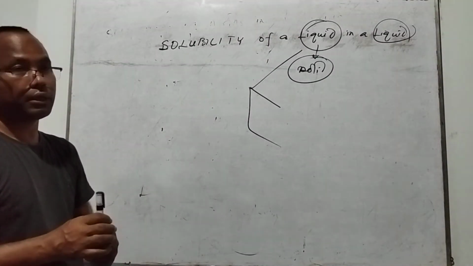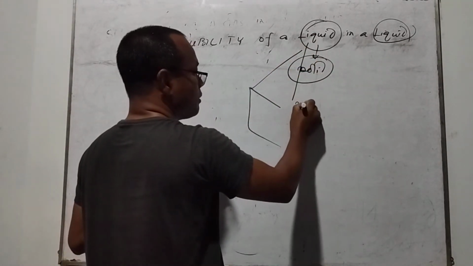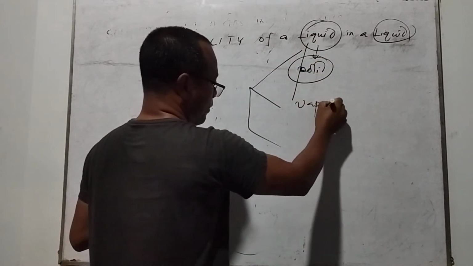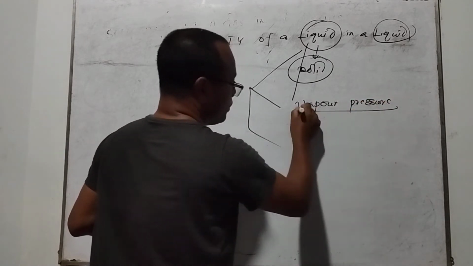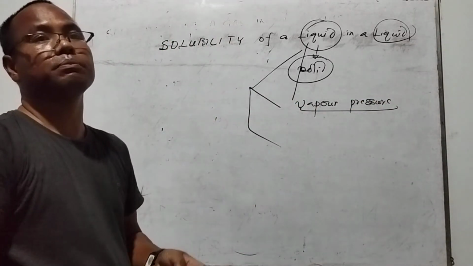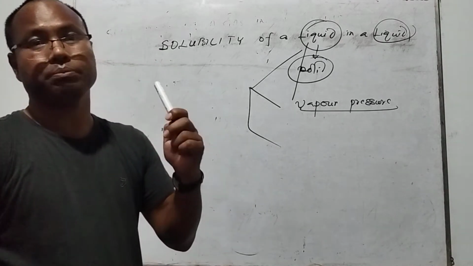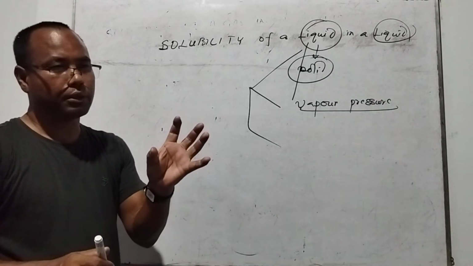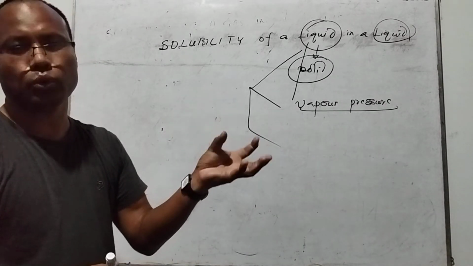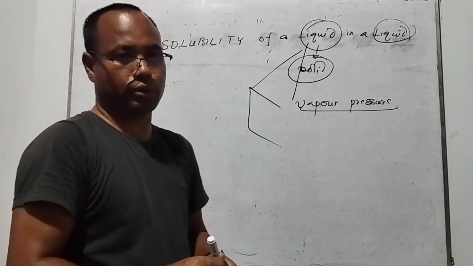That pressure, which we consider in our liquid, is the vapor pressure. So vapor pressure is a property of the liquid, don't forget. This vapor pressure plays a very important role in other properties of the liquid, right?